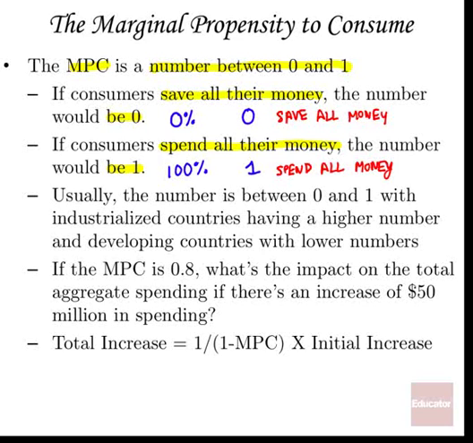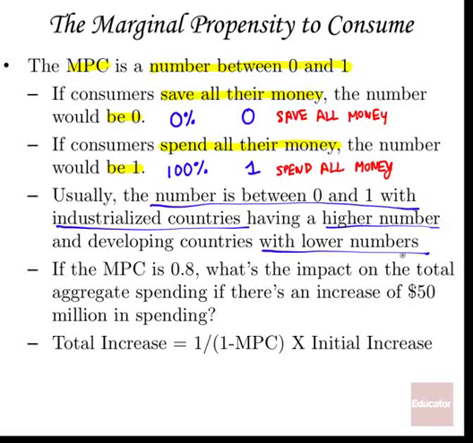The reality is that usually the number is between 0 and 1, with industrialized countries having a higher number and developing countries lower numbers. Now, this might seem a little bit counterintuitive, but the idea is that when you're dealing with small sums of money in less developed countries, there may be more pressure to save more of that.